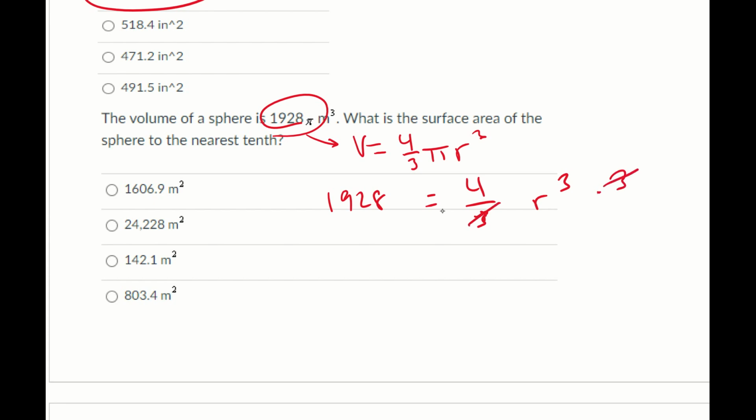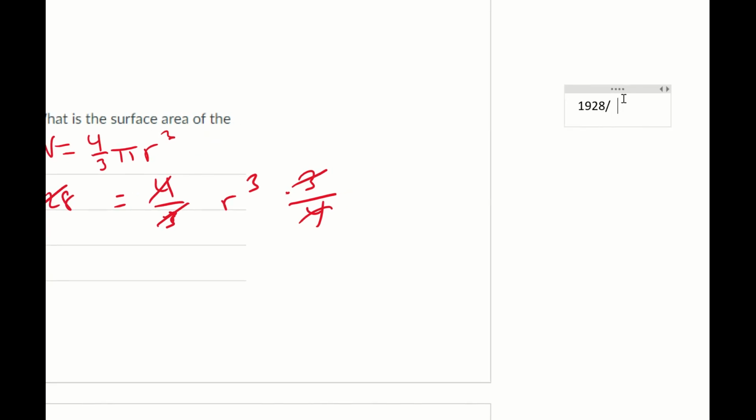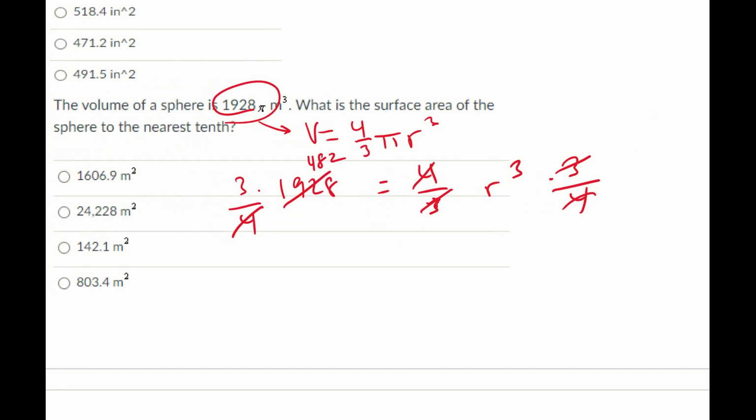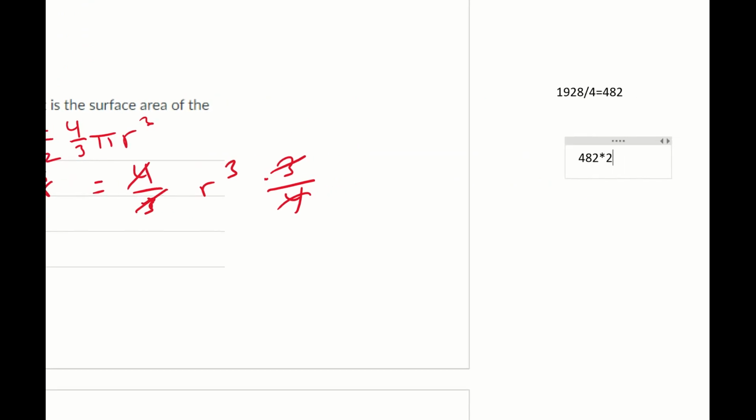We multiply by 3, divide by 4. Okay, now 1928 is divisible by 4 because 28 is divisible by 4. So 1928 divided by 4 is 482. And we get 482 times 3, which is 1446. We get r cubed equals 1446.